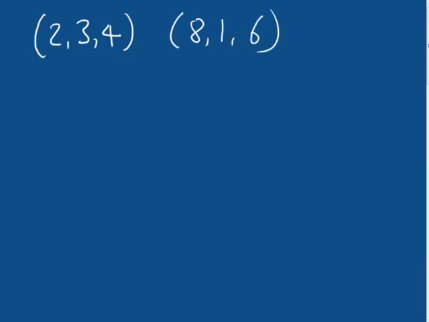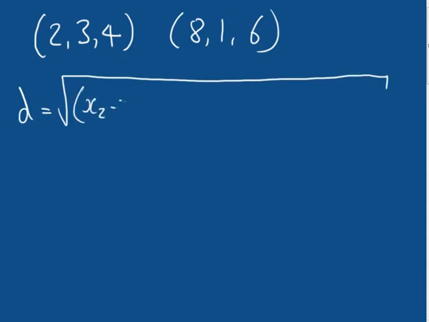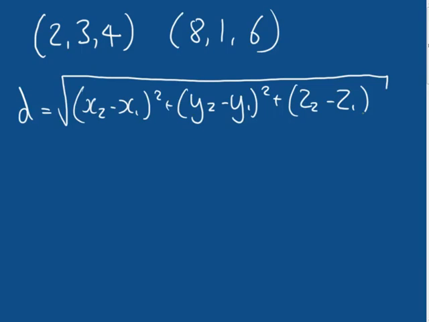And again, our formula for doing that is that d is equal to the square root of (x2 minus x1) squared plus (y2 minus y1) squared plus (z2 minus z1) squared.